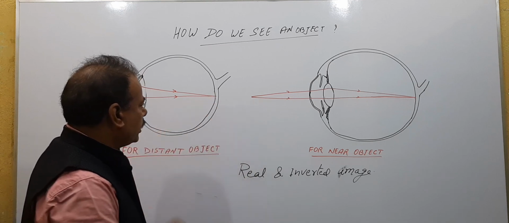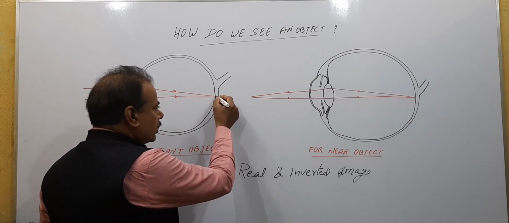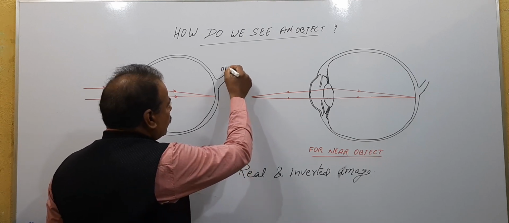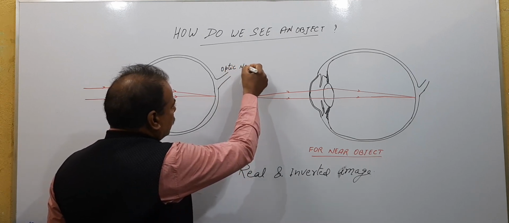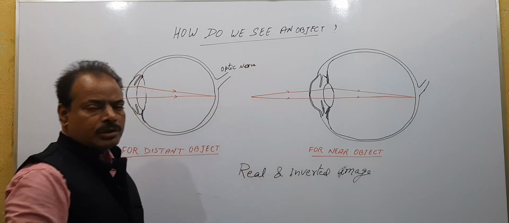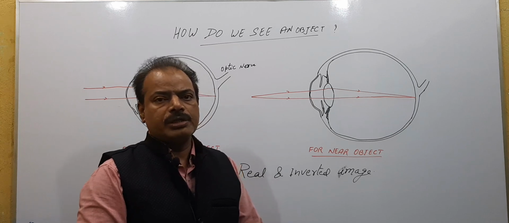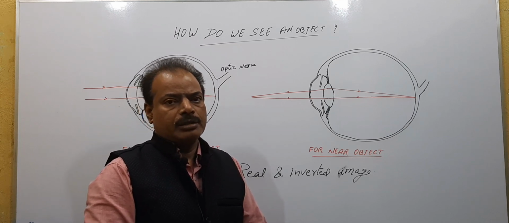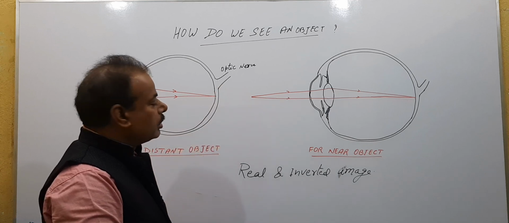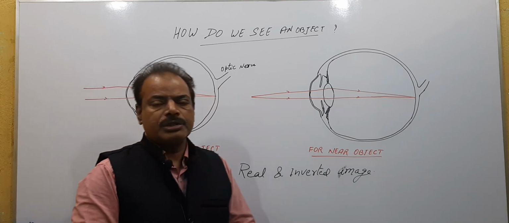After it, the impulse from the retina goes through the optic nerve to the visual zone located in the brain, or you can say the cerebrum of the brain, and here interpretation takes place.